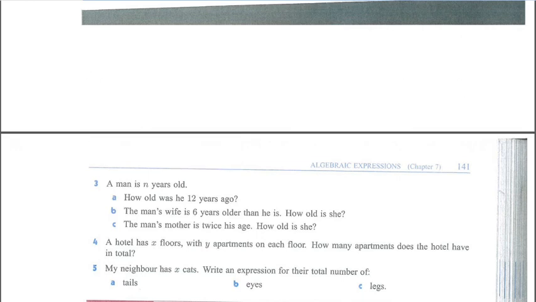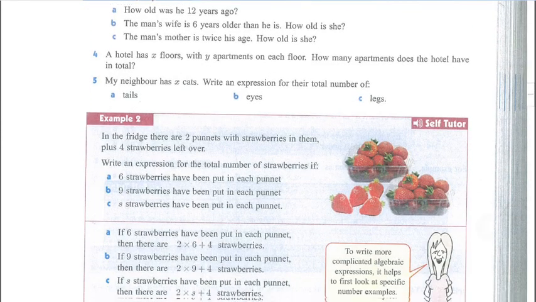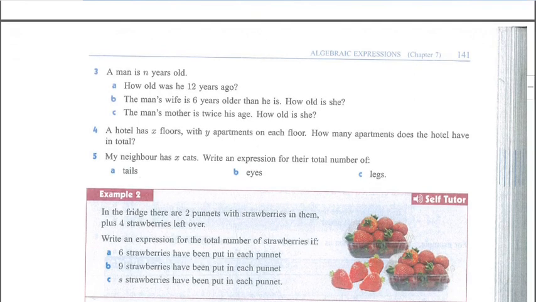All right? Now, let's see. Strawberries. Okay. In the fridge, there are 2 punnets with strawberries in them, plus 4 strawberries left over. Write an expression for the total number of strawberries if there are 6 that have been put into each punnet. How many punnets? 2 punnets, right?